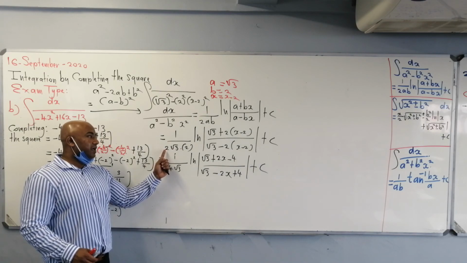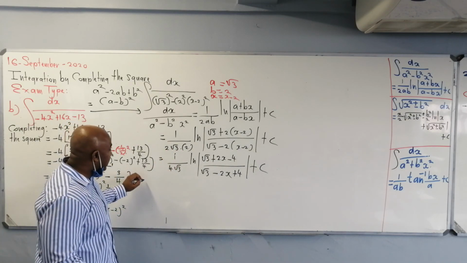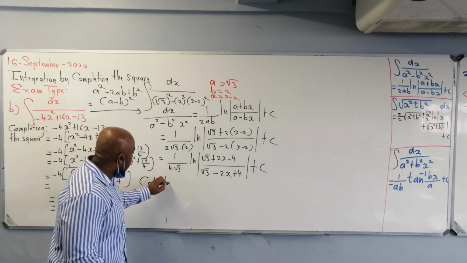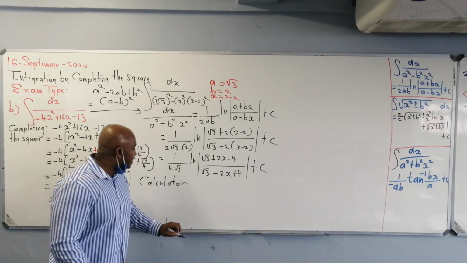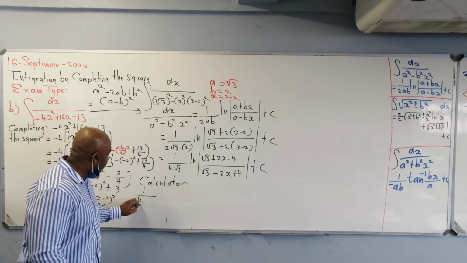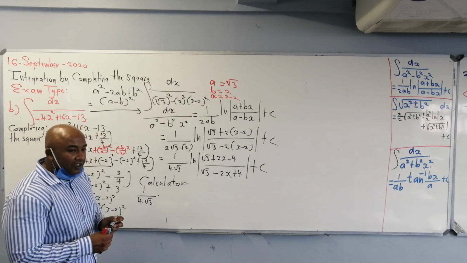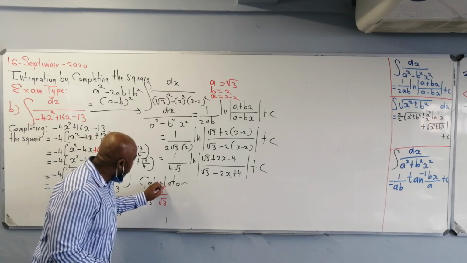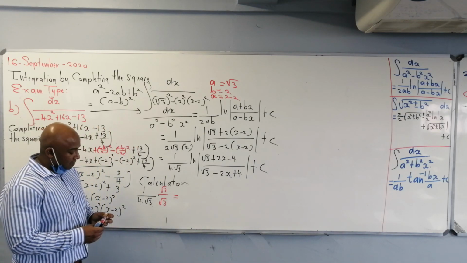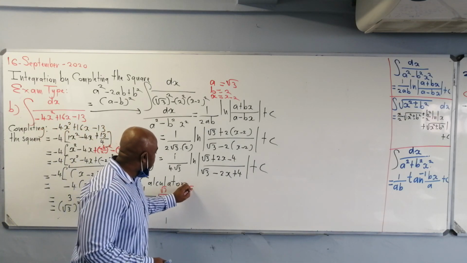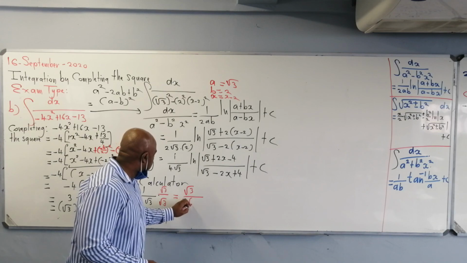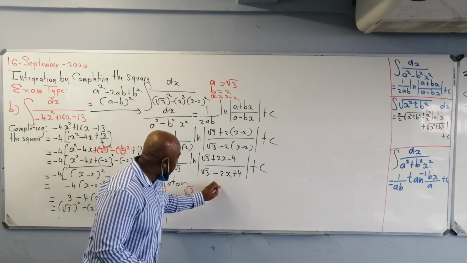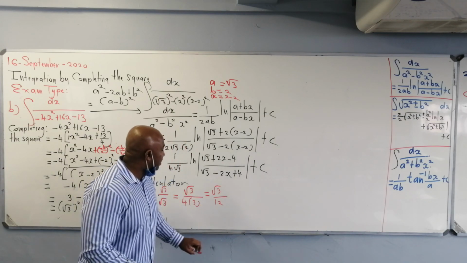All I'm doing is multiplying 2 times 2, but the calculator rationalizes your denominator, so that will be 1 over 4 root 3. And if I rationalize the denominator, that means it's going to be multiplied by square root 3 over square root 3, which becomes square root 3 over 4 times 3, which is square root 3 over 12.